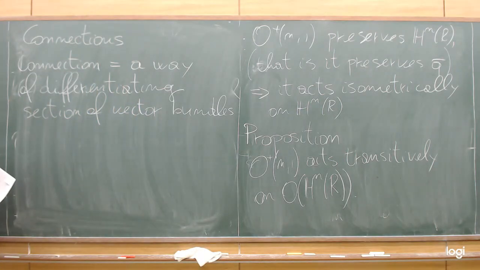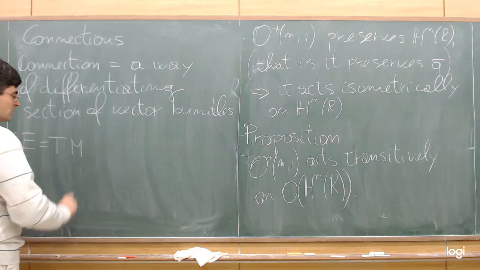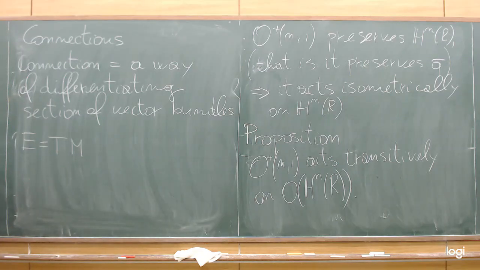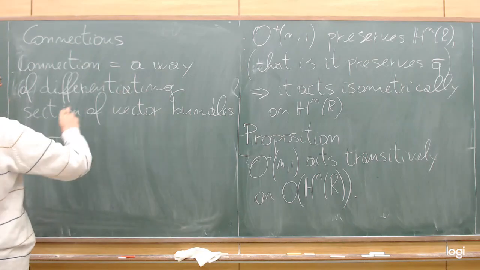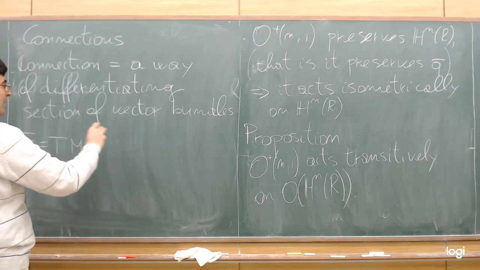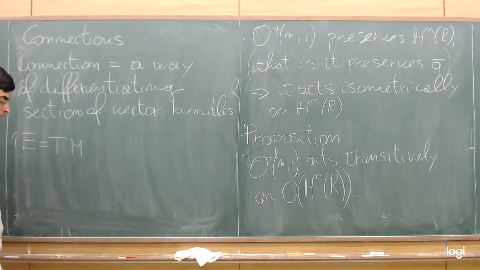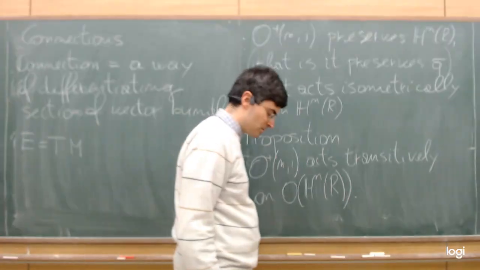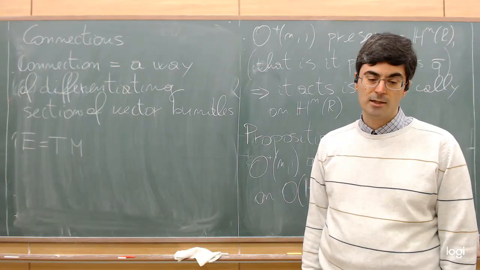We will use it in the special case where the vector bundle is the tangent space to a Riemannian manifold. So I say a connection is a way of differentiating sections of vector bundles that is vector fields. The reason why we need this machinery will be clear when we will introduce the notion of geodesics.